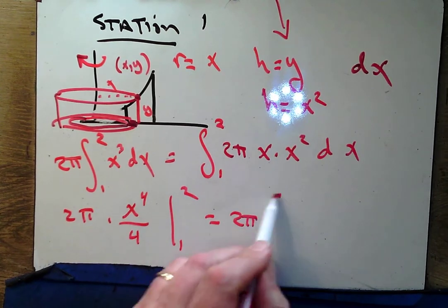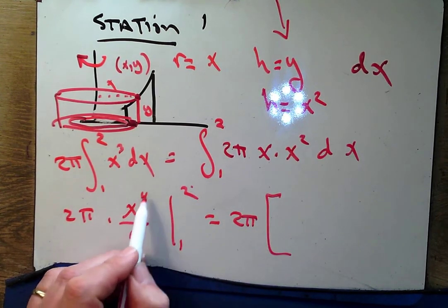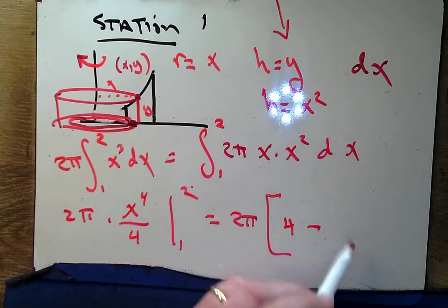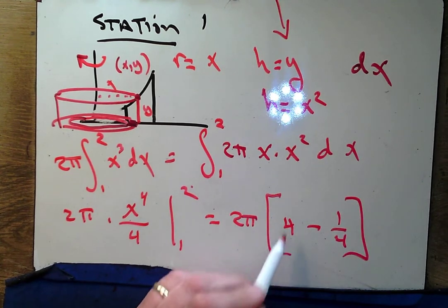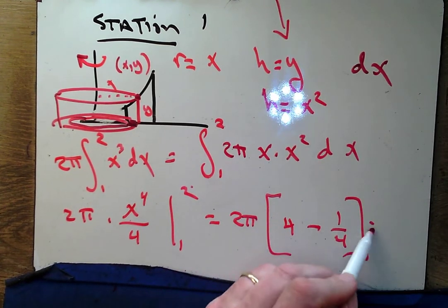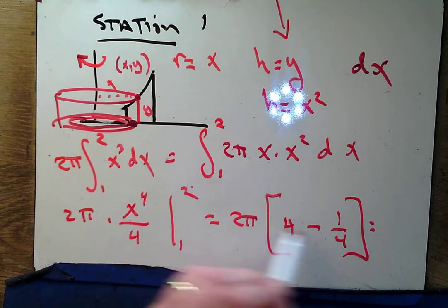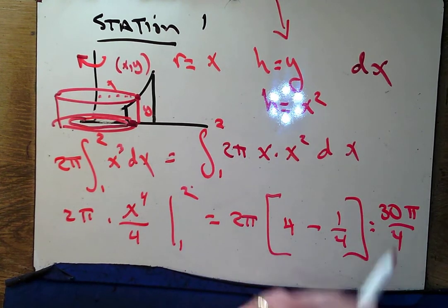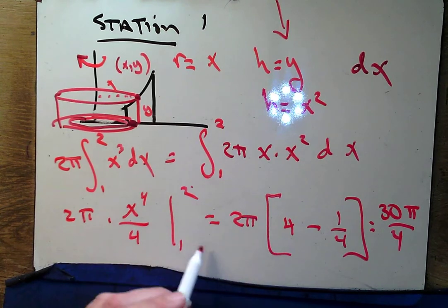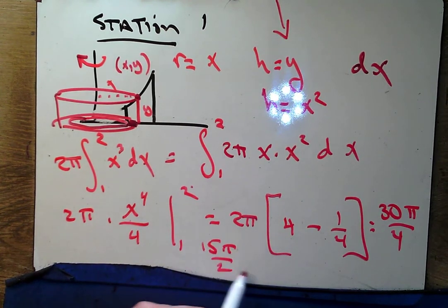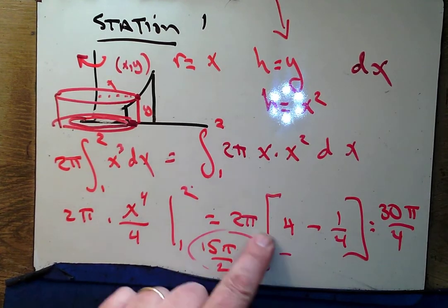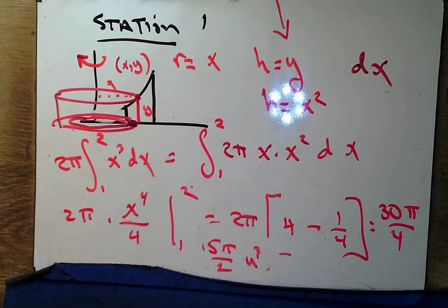I'm going to have 2 pi, 2 to the fourth is 16 over 4 is 4, and 1 to the fourth is 1 over 4. So 16 fourths minus 1 fourth is 15 fourths, 2 times. So we're going to have 30 pi over 4, which reduces to 15 pi over 2 units cubed. Here's my volume, and oh, don't circle your answer.